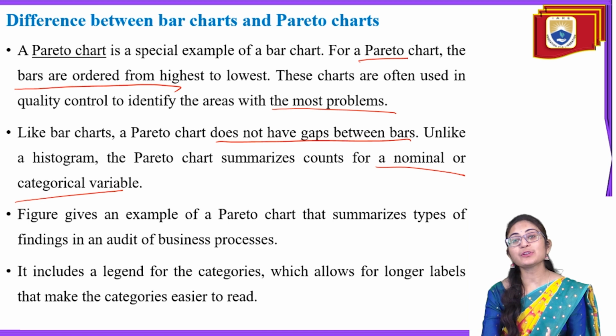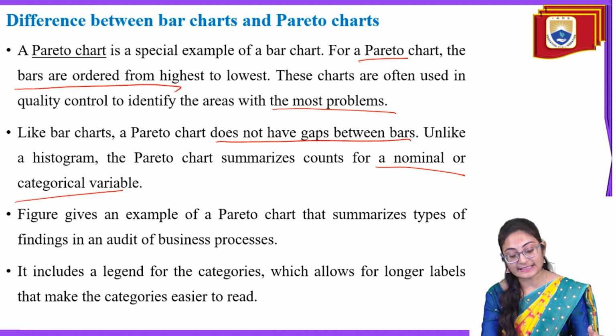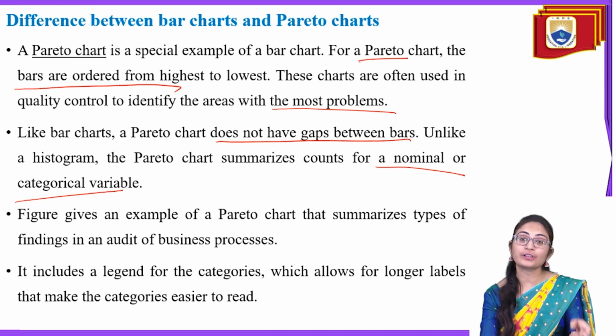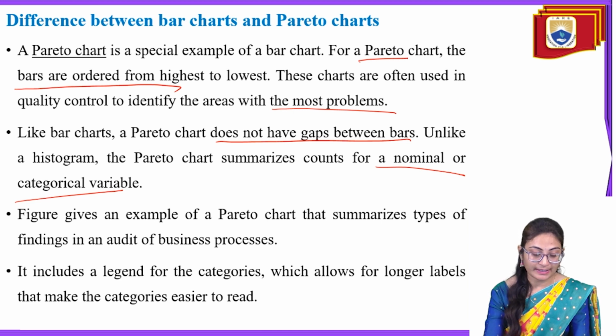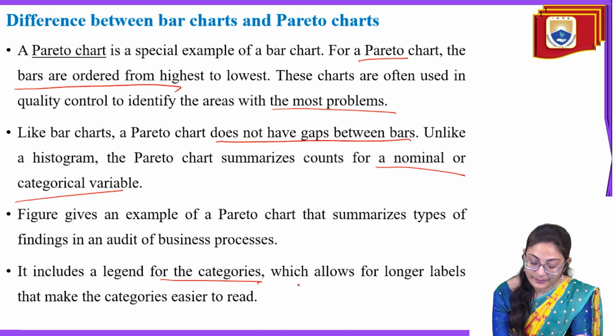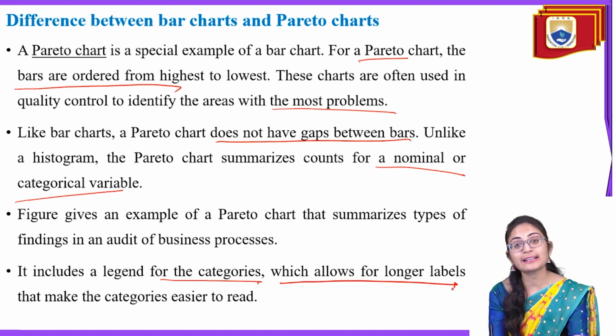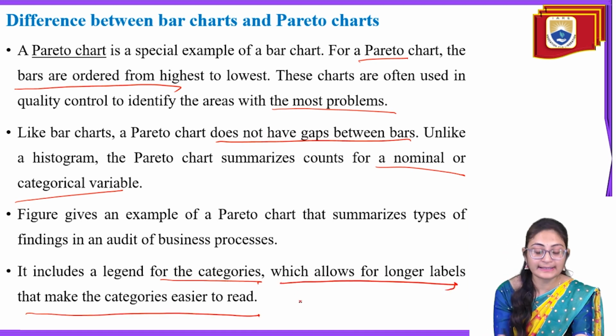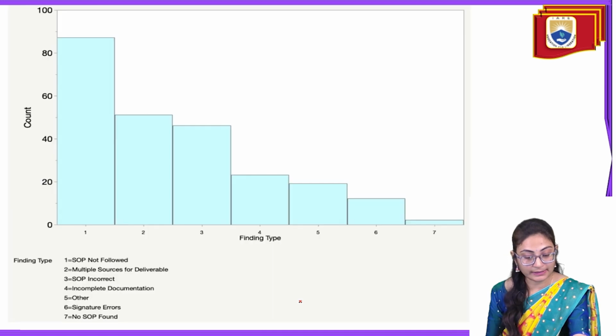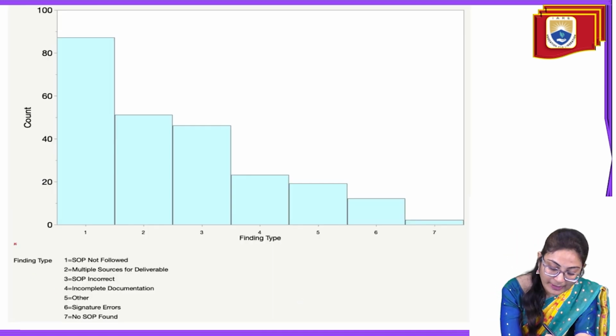The figure gives an example of a Pareto chart that summarizes the types of findings in an audit of a business process. It includes a legend for the categories, which allows for longer labels that make the categories easier to read. Now this is your Pareto chart.